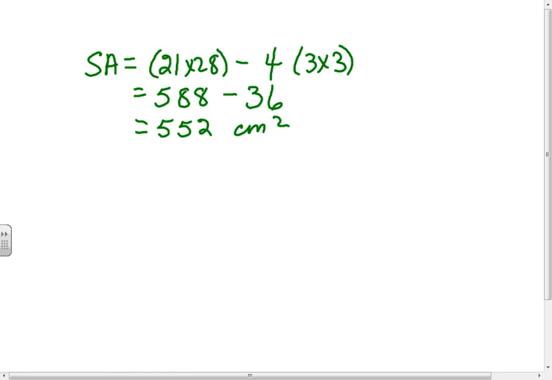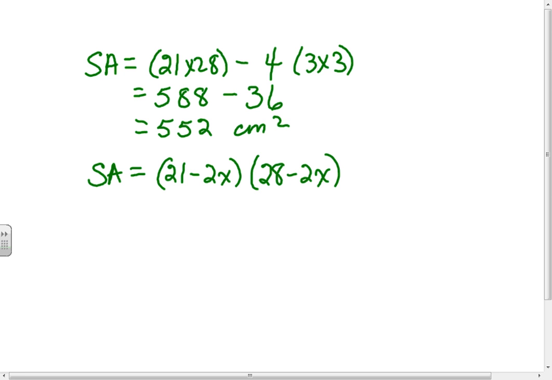We could do it the longer way, which would be the bottom. 21 minus 2x was the width, times the length, 28 minus, I've got to get my numbers straight here. So that's the bottom. And then you have the 2 smaller ends.